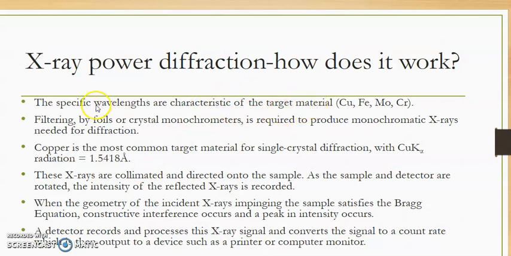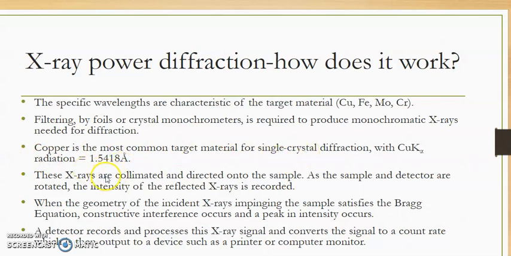That is, there are different wavelengths for different target materials. Filtering by foils or crystal monochromators is required to produce the monochromatic X-rays needed for diffraction. Copper is the most common target material for this kind of diffraction.